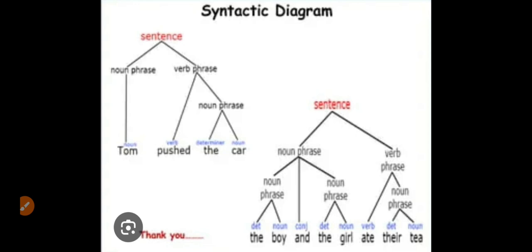First of all, we should know what immediate constituents are. Immediate constituents means that at last we have to reach what the role of the word in the sentence is and what the relation of the words in a sentence is. So that is called IC analysis.